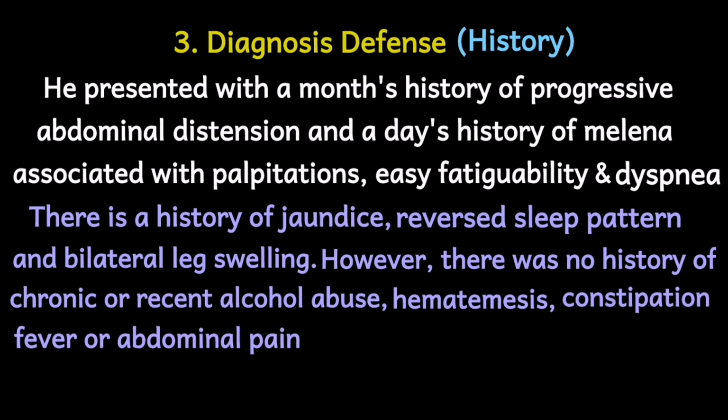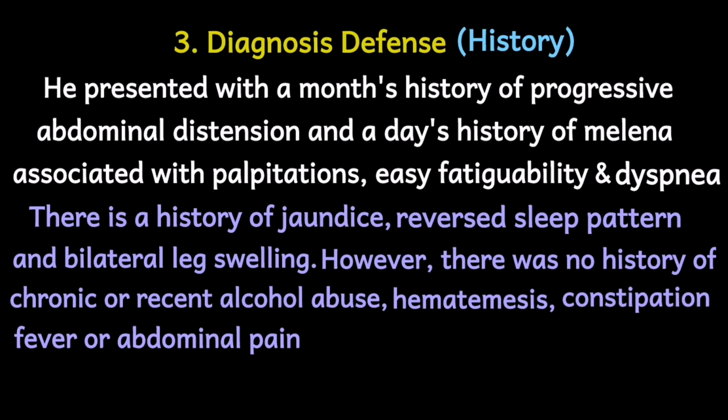Now, here you can see that the history I have given explains almost everything in the complete diagnosis I gave earlier on. The fact that he presented with a month's history of progressive abdominal distension and a day's history of melena makes liver pathology likely.